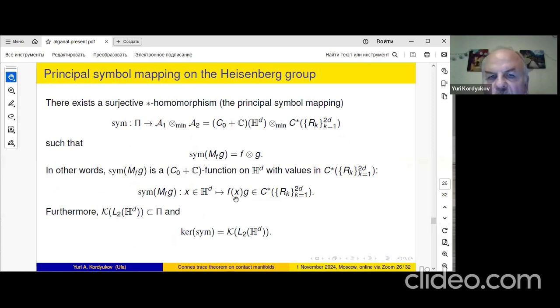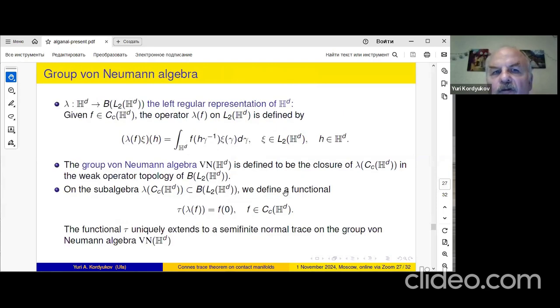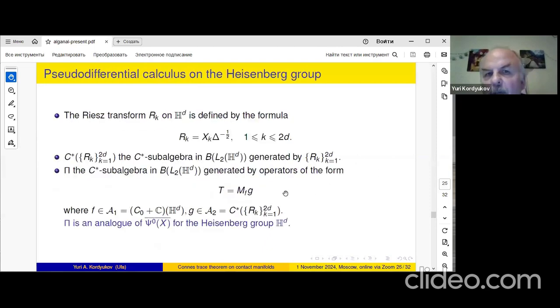I know how to do this. This is the commutative algebra. But here I want to integrate these objects. And non-commutative integration theory tells us that we should consider traces. And these operators are really left invariant operators on the Heisenberg group.